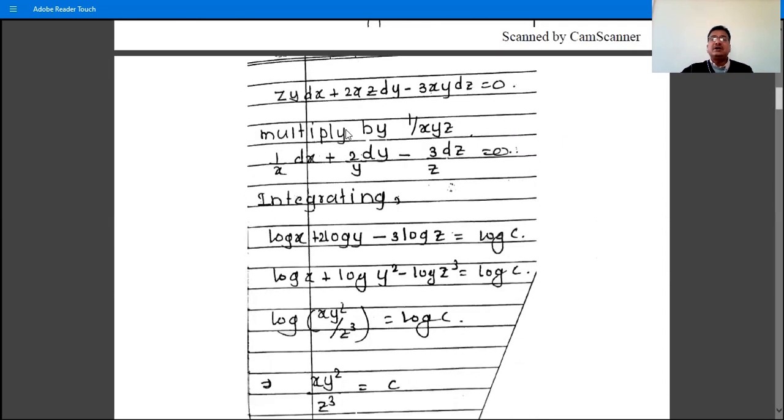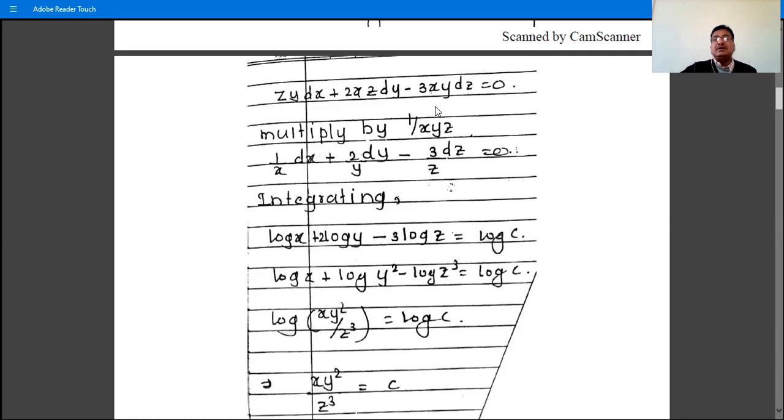Now we have to find its general solution or primitives. In order to find the primitives, the equation may be in variable separable form. When we say this differential equation is in variable separable form, the coefficient of dx is a function of x only, the coefficient of dy is a function of y only, and the coefficient of dz is purely a function of z.